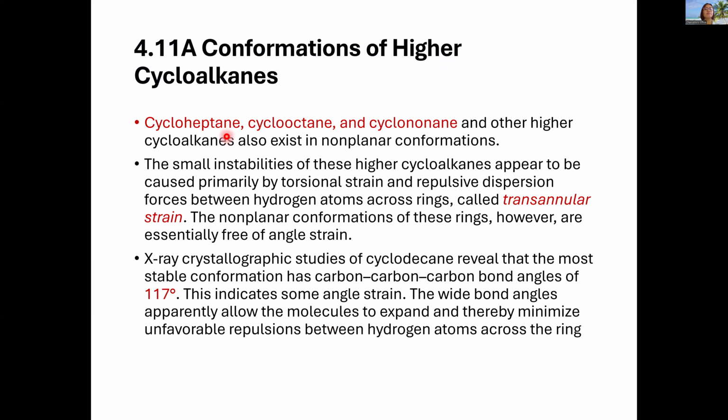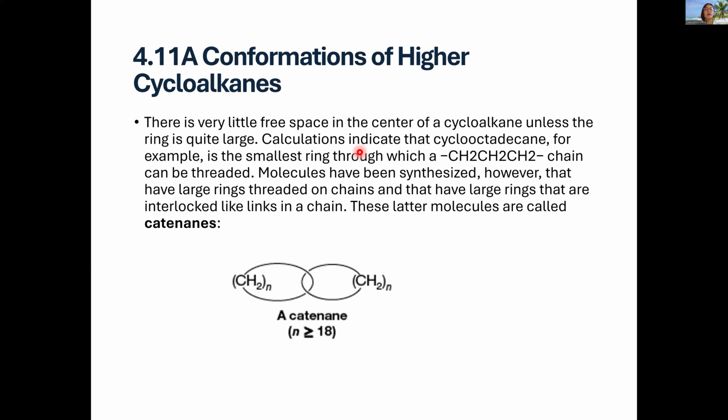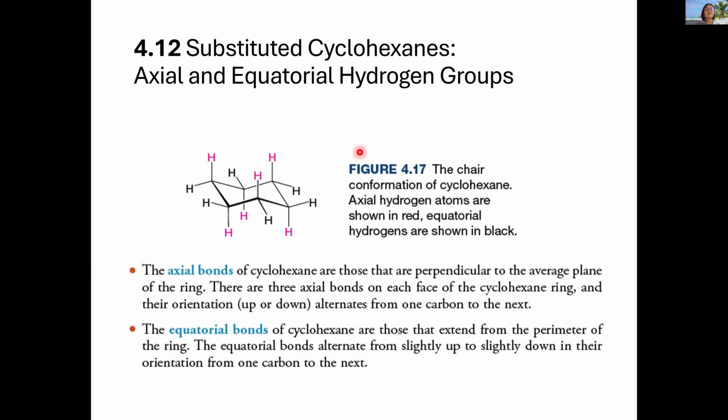You can have cycloheptane, cyclooctane, cyclononane, but just know that you don't get a planar molecule, because you have to find what the bond angle between your carbon-carbon in the ring is. Now, if it goes beyond or less than the normal bond angle, then it will bring angle strain.